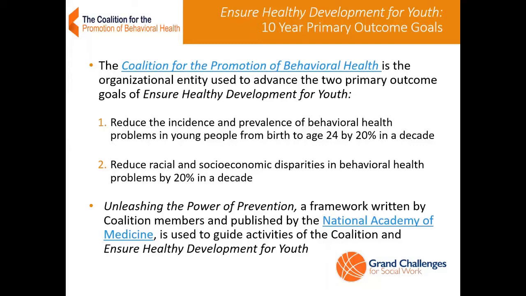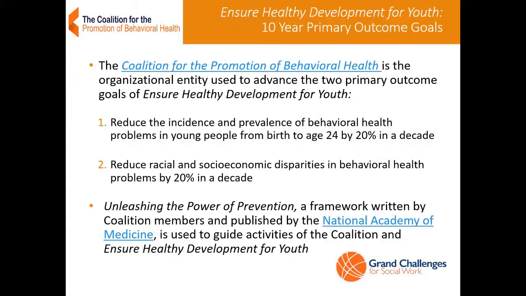And these outcomes are first to reduce the rates of behavioral health problems in young people from birth to age 24 by 20% in a decade. And secondly, to reduce racial and socioeconomic disparities in behavioral health problems by 20%. So ambitious goals, but we felt reachable.